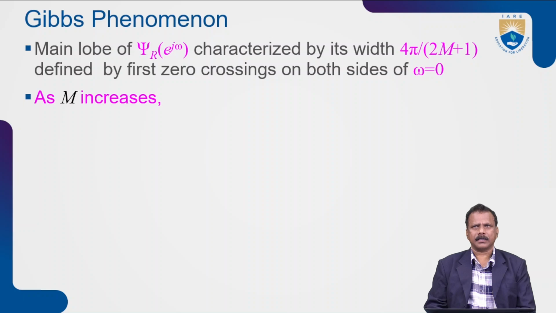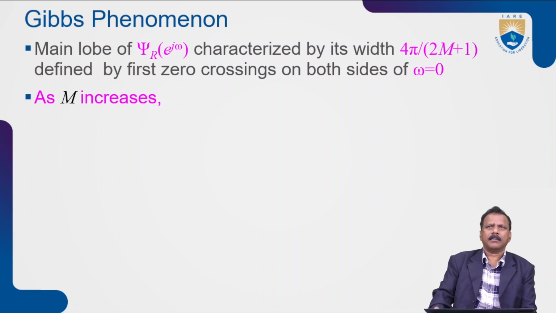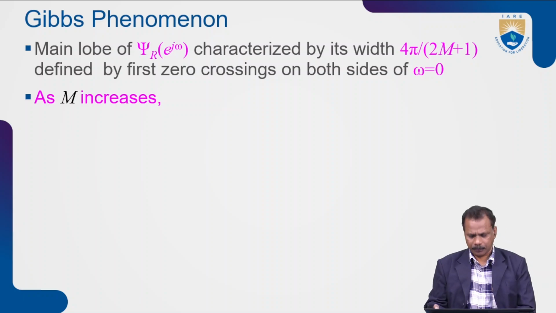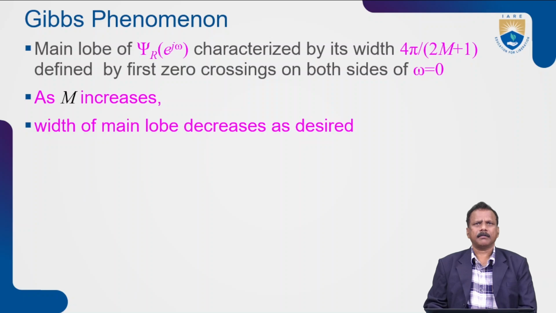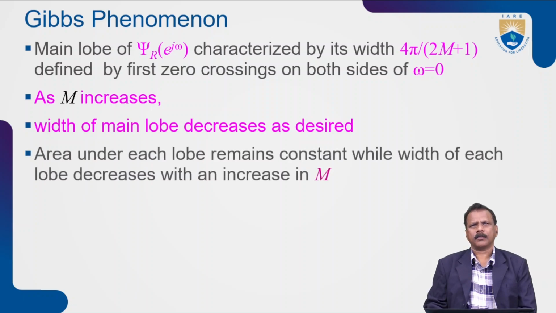As M increases, or decreases, you can easily verify how the main lobes and side lobes change. On both sides of ω = 0, as M increases, the width of the main lobe decreases as designed. The area under each lobe remains constant while the width of each lobe decreases with an increase in capital M.